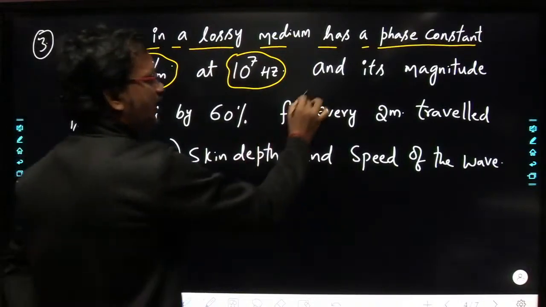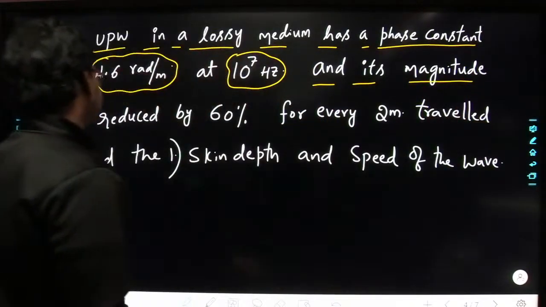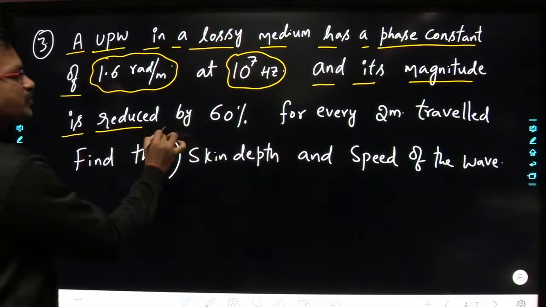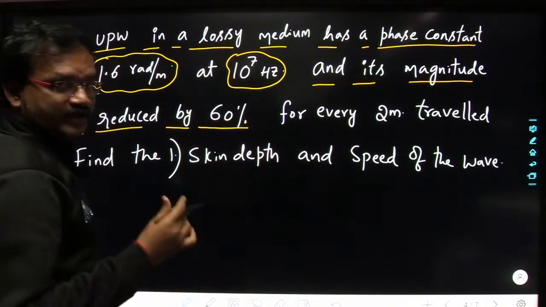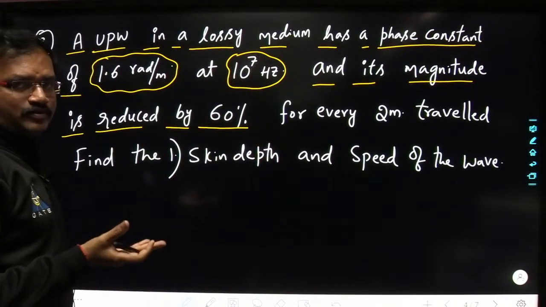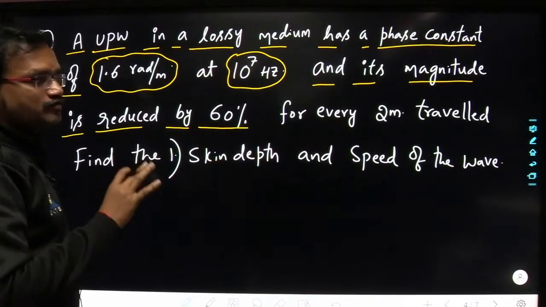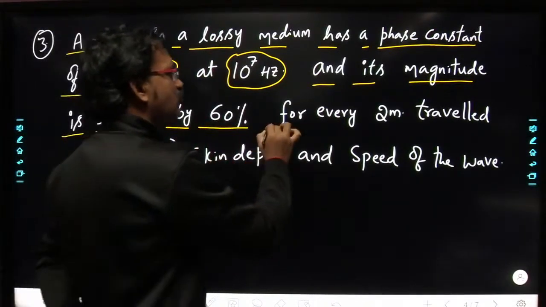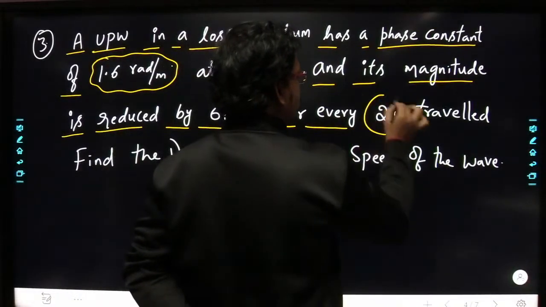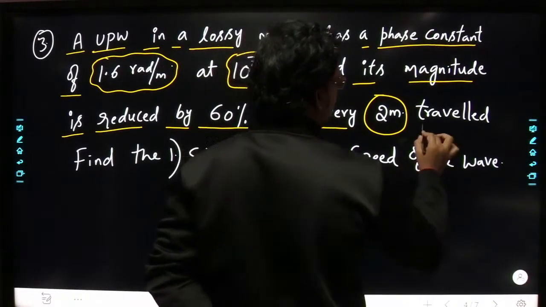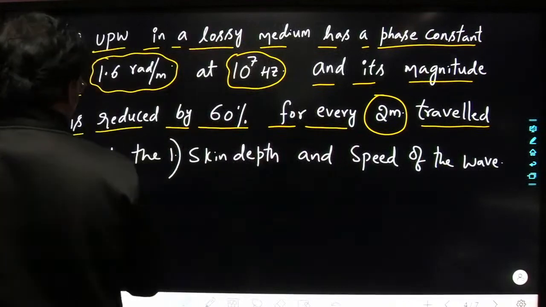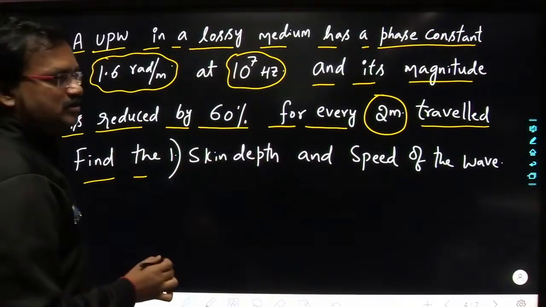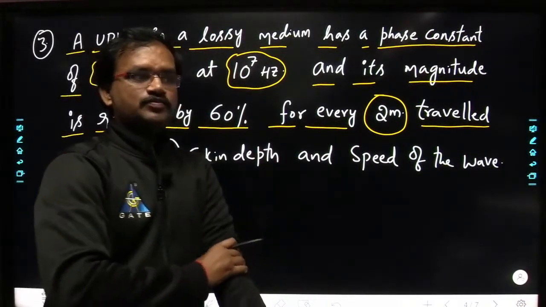And its magnitude, or you can say amplitude of the wave, is reduced by 60% for every 2 meters traveled. Then find the skin depth and speed of the wave.